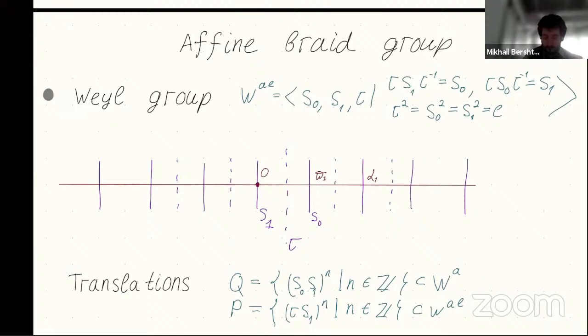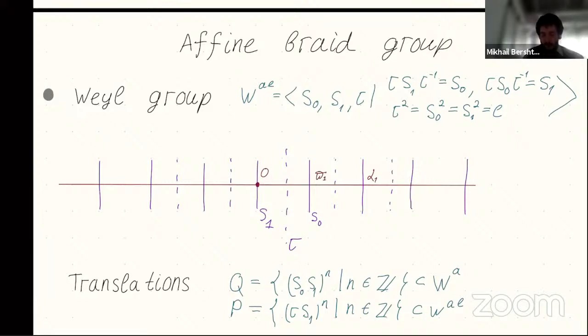Indeed, the composition of S1 and S0 is a translation by this vector, which is actually alpha, which corresponds to the simple root. And this composition, S1 tau, is a translation by this vector, which is, I don't know, the fundamental weight. So we have the weight lattice.